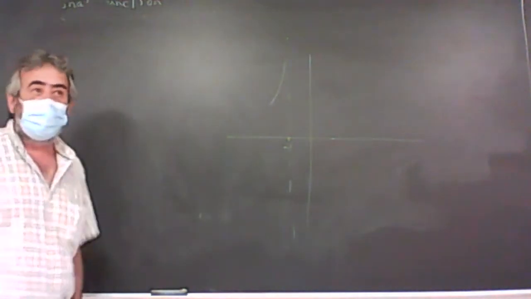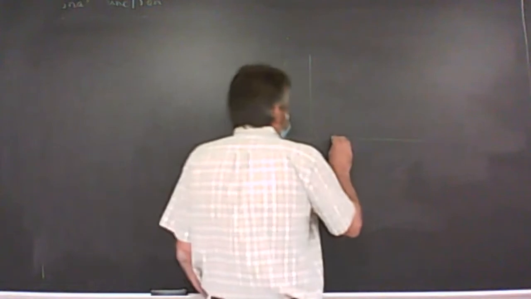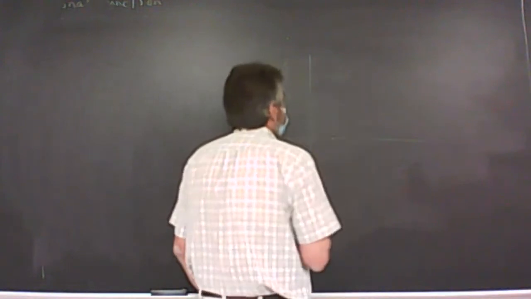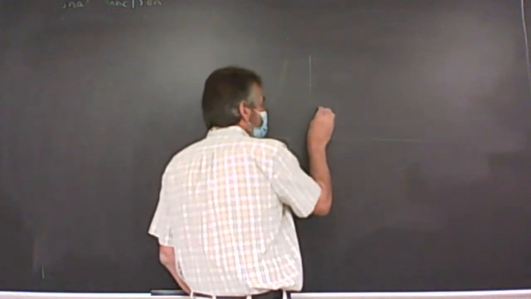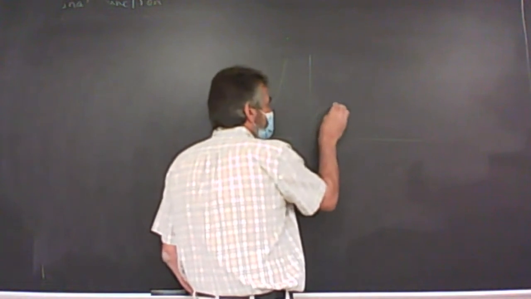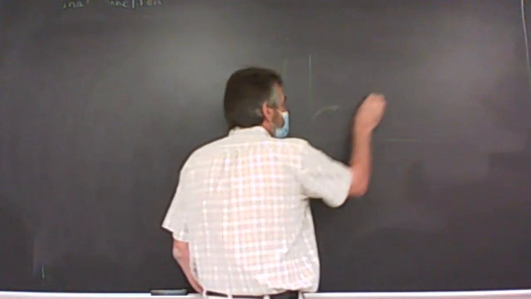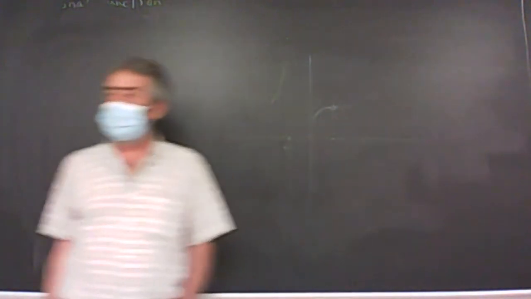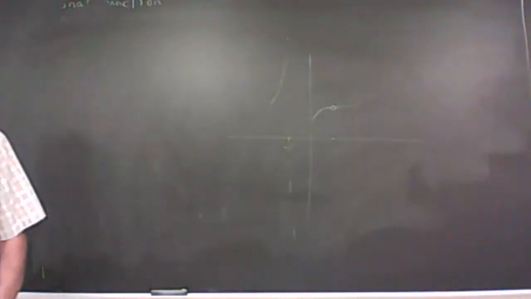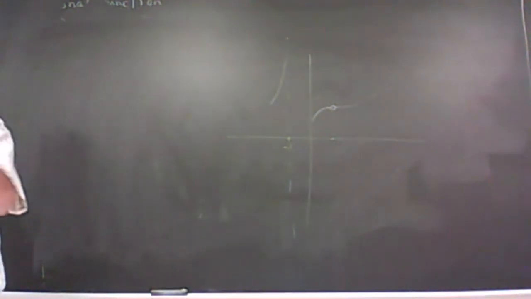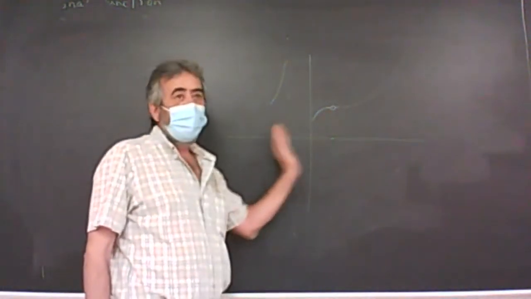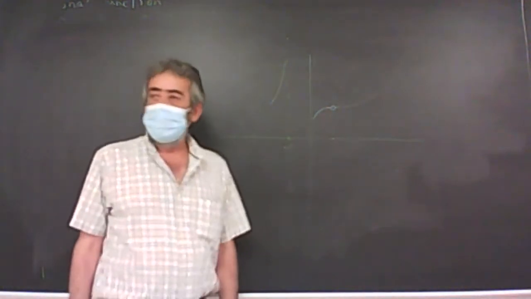Or for some reason, let's say this is it, the graph gets here, jumps, and continues from here. Those are the two possibilities when we have a graph missing a point.